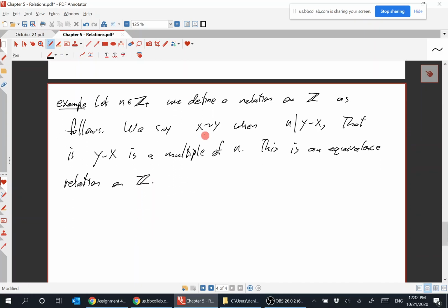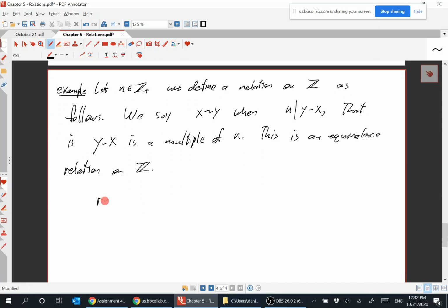So let's prove that it's an equivalence relation. First, you have to show that it's reflexive, right? Given x in Z, what do we have to show? We have to show that n divides x minus x.